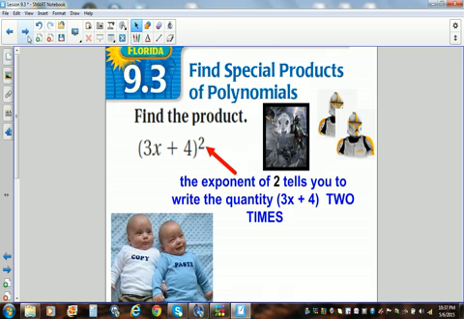Today's podcast is going to be on lesson 9.3. We are going to talk about the products. Nice vocabulary word.